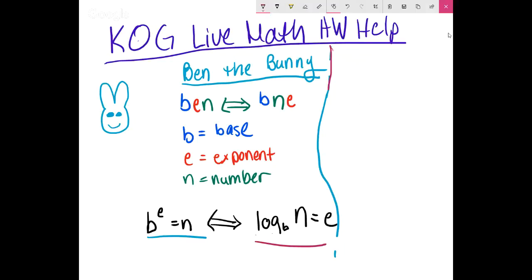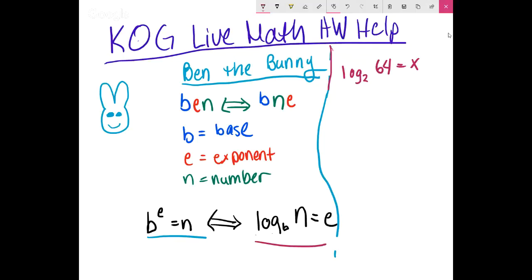Let's do just a quick example of how to evaluate logarithmic equations. Here's one that says log base 2 of 64 equals x. We don't know what the exponent is, but we're trying to figure it out.